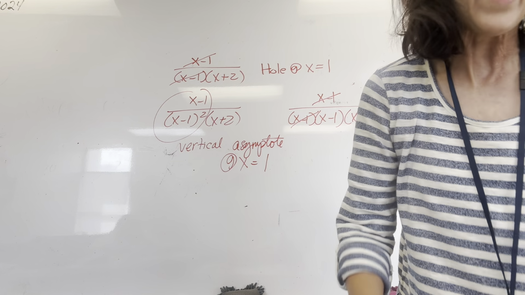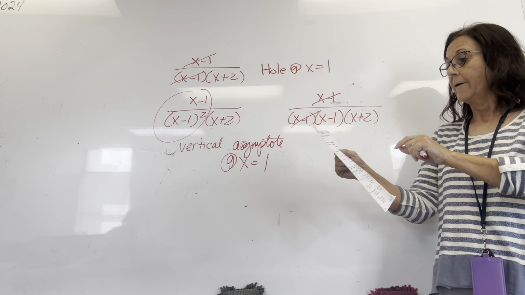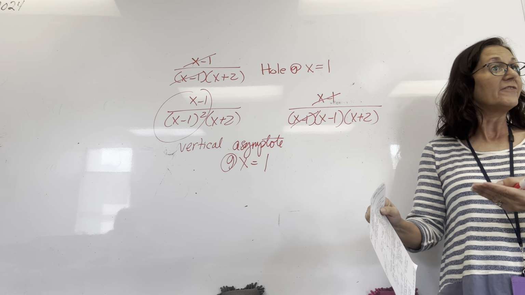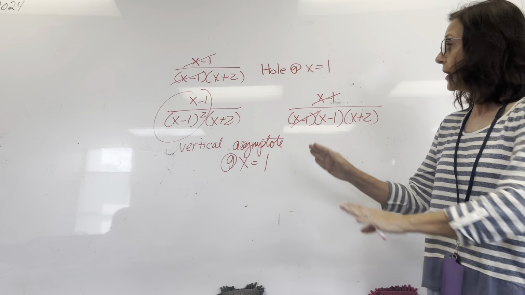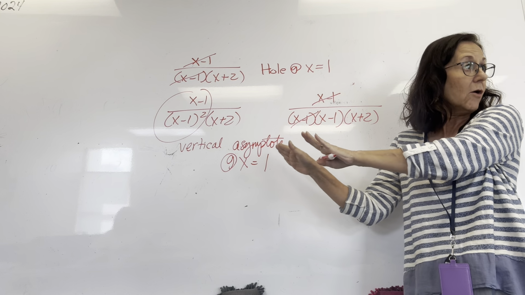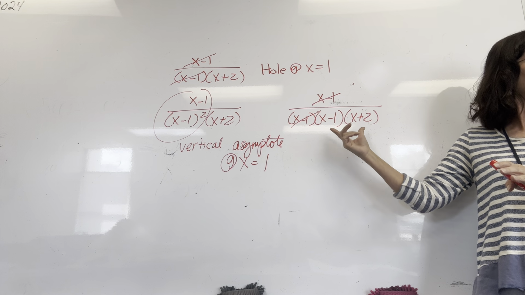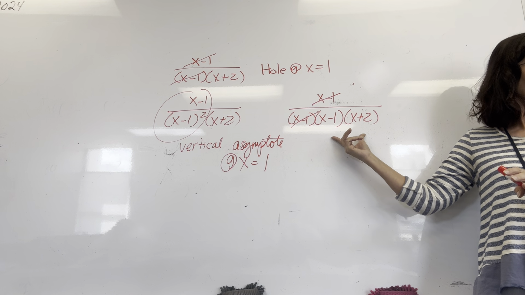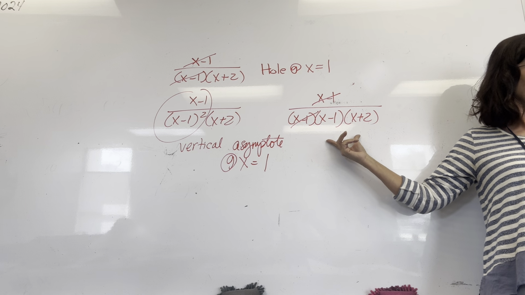There's a vertical asymptote. Look at this on your little sheet. Where there's a 0 of the denominator that is not a 0 of the numerator. So because we can cancel these out, this becomes a vertical asymptote. So for this example, we have 2 vertical asymptotes.